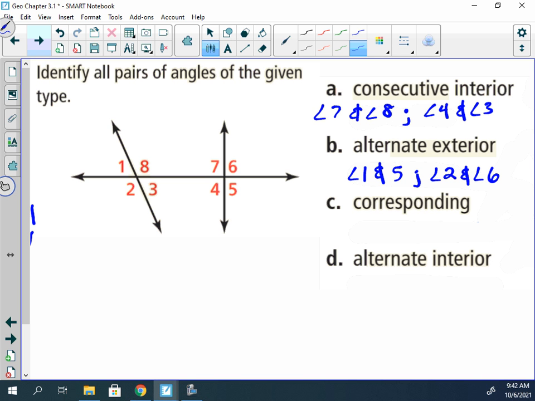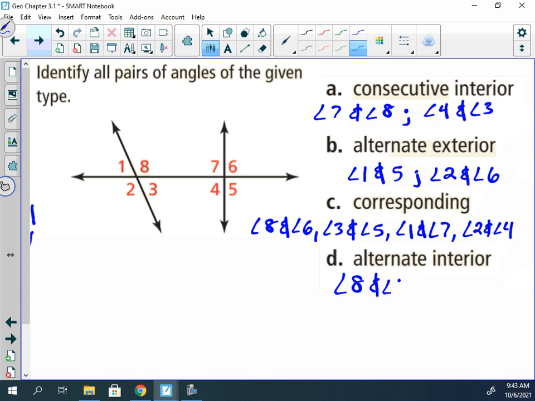Now, what would our corresponding angles be? 8 and 6, 3 and 5. 1 and 7, yes. And last but not least, alternate interior. 8 and 4, and exactly 7 and 3.